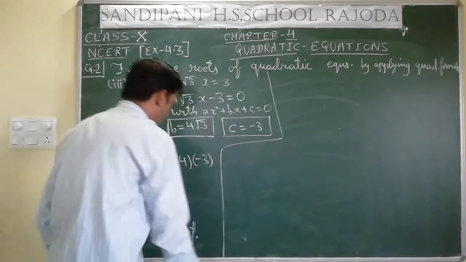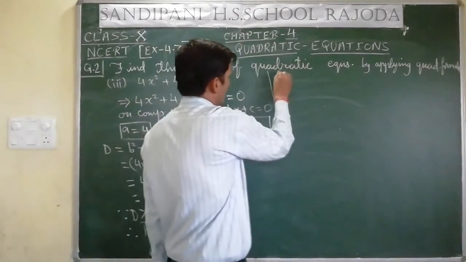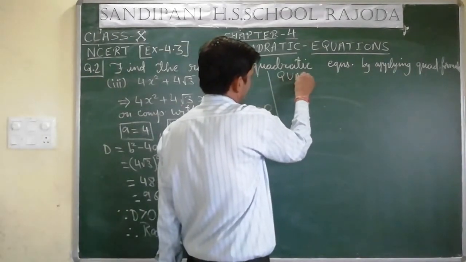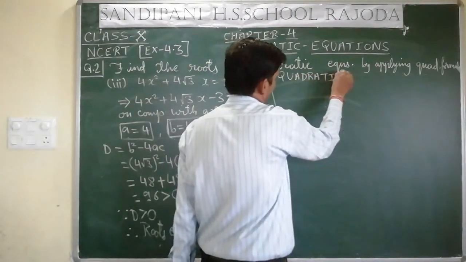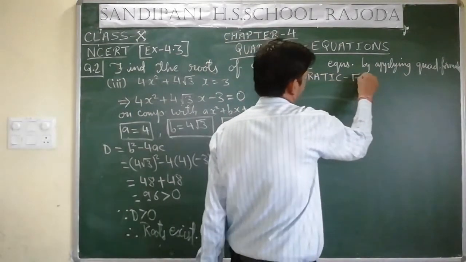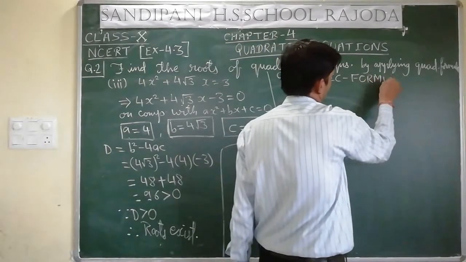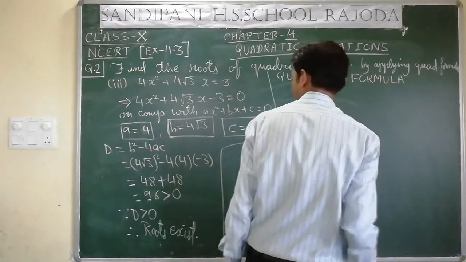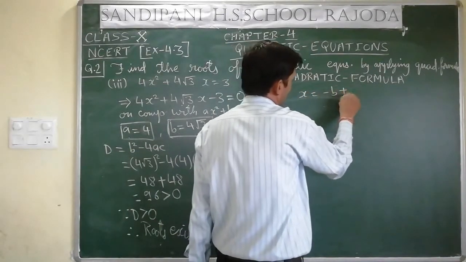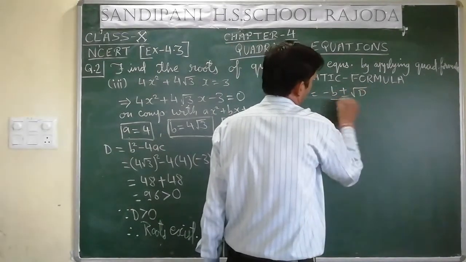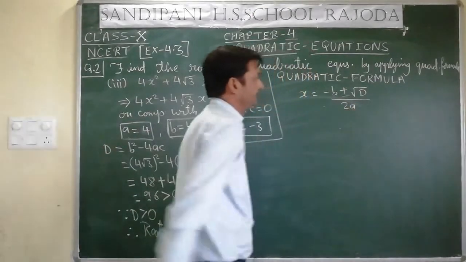Now we may apply quadratic formula. So our quadratic formula is x is equal to minus b plus minus root d upon 2a.